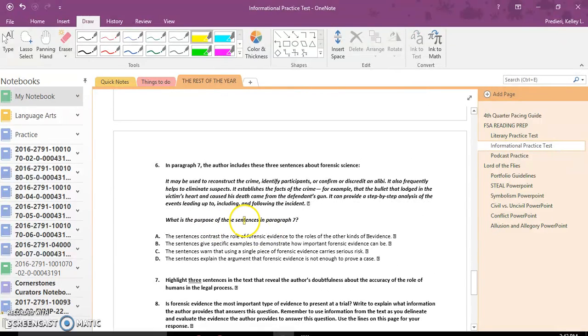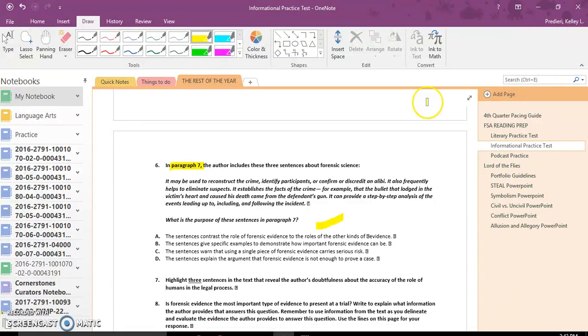Okay. In paragraph 7, the author indicates these 3 sentences about forensic science. It may be used to reconstruct the crime, identify participants, or confirm or discredit an alibi. It also frequently helps to eliminate suspects. It establishes the facts of the crime, for example, that the bullet lodged in the victim's heart and caused his death came from the defendant's gun.